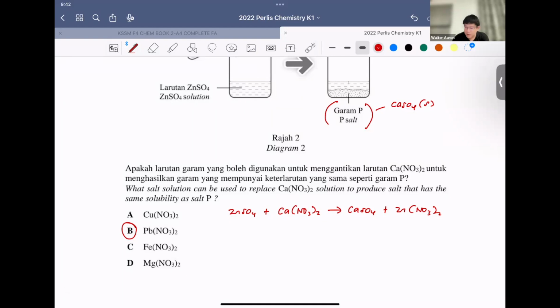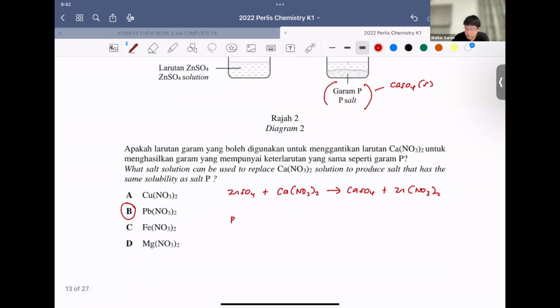However, if you were to add lead nitrate, for example, together with zinc sulfate, you will end up with lead sulfate, which is also an insoluble salt, and you will also get zinc nitrate. So both of these outcomes will produce a salt which is technically insoluble in water. That's why my choice here will be B.